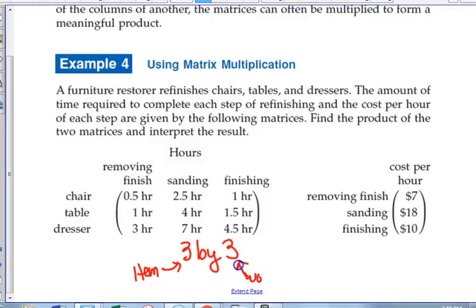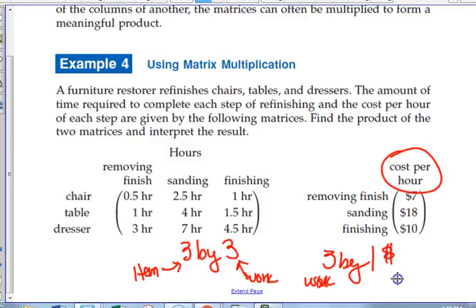This is the work. What size is this little matrix over here? 3 by 1. What is that 3? Removing, sanding, finishing. It's the work, right? What is the 1? The hourly cost. It's dollars, yes? So if I want to find the resulting matrix when I multiply, can I do that first of all?